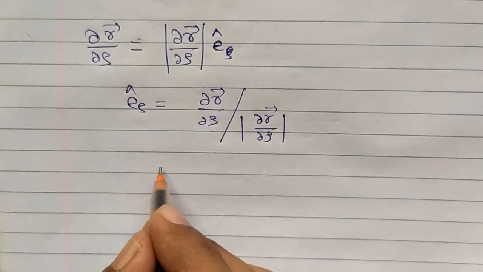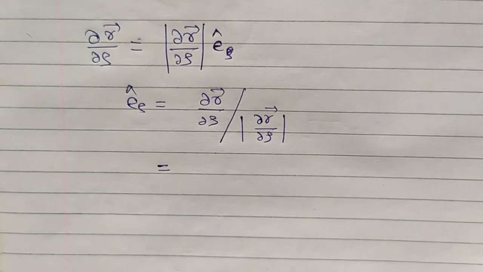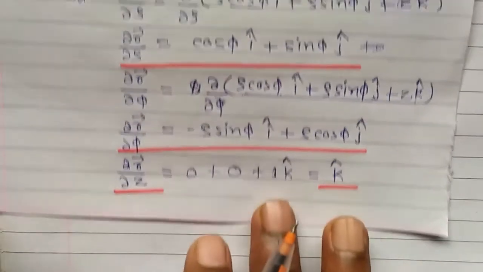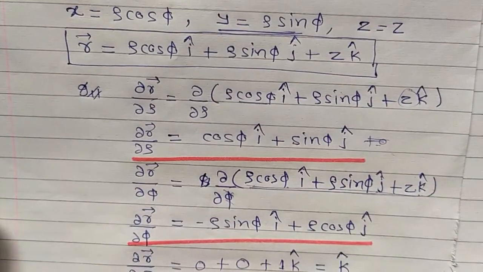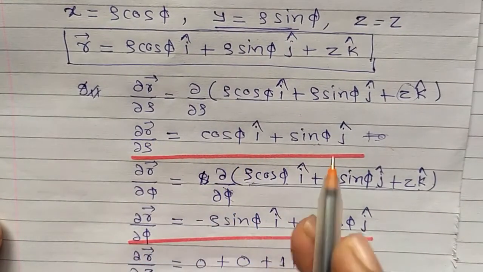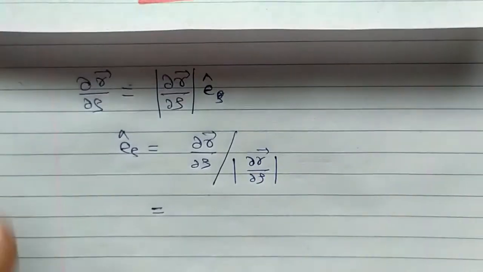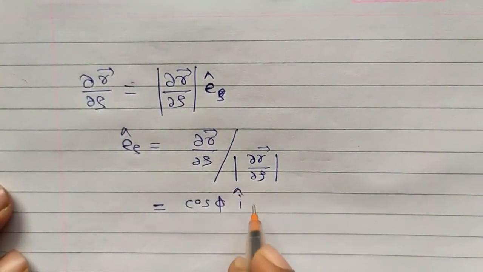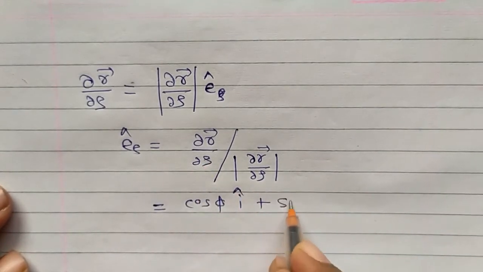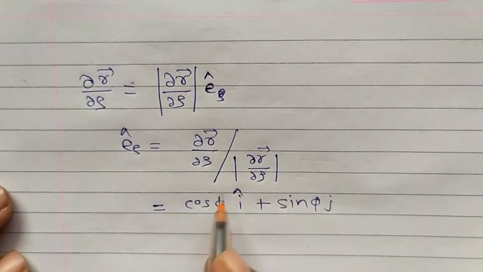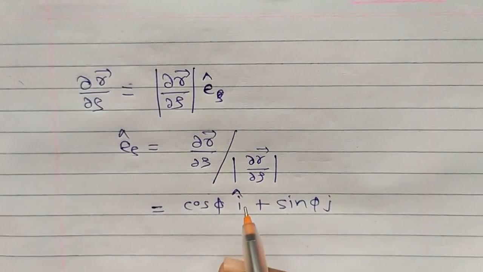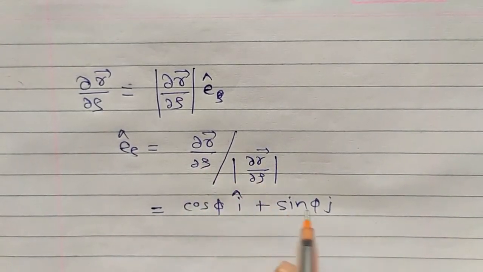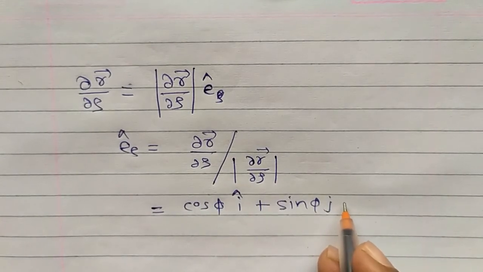What we know is del r bar by del rho, again we will refer to the page, is cos phi i cap plus sin phi j cap. So I will write it here, cos phi i cap plus sin phi j cap. And if you see the magnitude of this vector, it is 1, right?